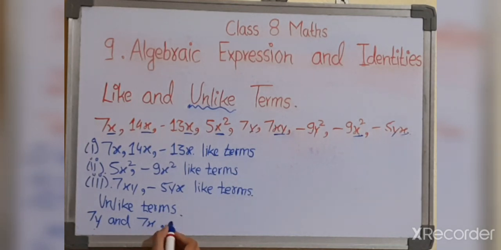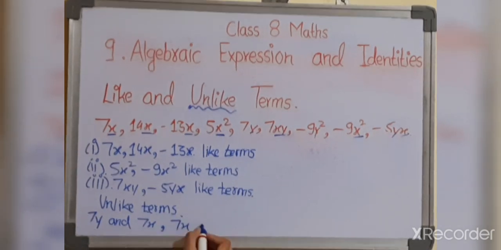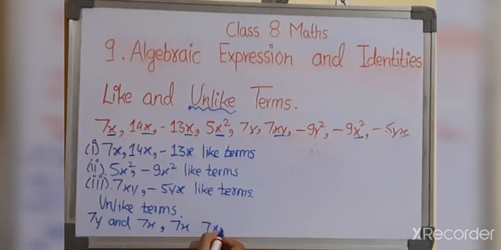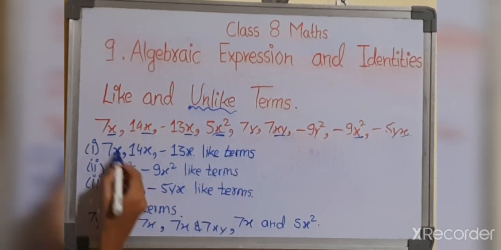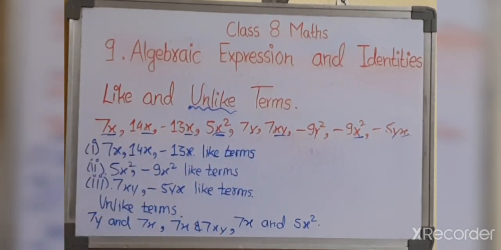Then again 7x and 7xy. These both are also not having the same variables. Here you can see this is 7x and here is 7xy. And then 7x and 5x square. These two also don't have the same variables. So these are the unlike terms.